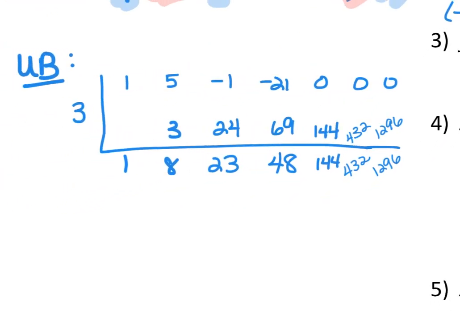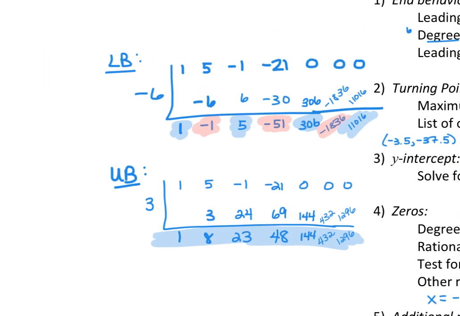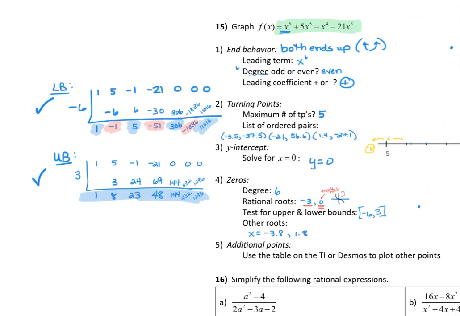And therefore we have the whole bottom row is positive, and therefore the function passes both the lower and the upper bounds test for the interval -6 to +3.